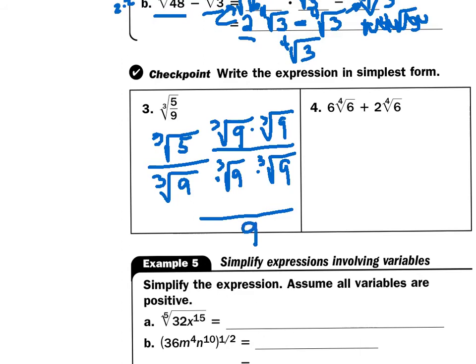And then on the top, I would have the cubic root of 5 times 9 is 45. And times 9 again would be 45 times 9, 5, 36, 40, 405.